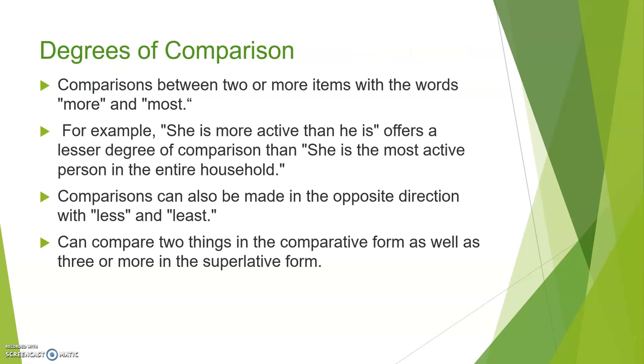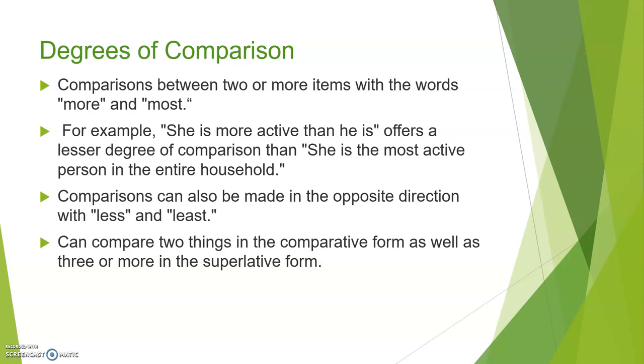Degrees of comparison. It's clear there are varying degrees of comparison between words. Don't forget, you can also make comparisons between two or more items with the words more and most. For example, she is more active than he is offers a lesser degree of comparison than she is the most active person in the entire household.